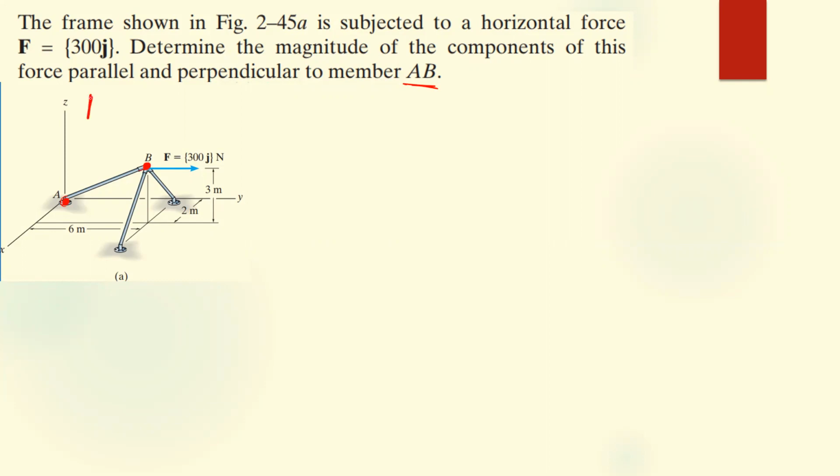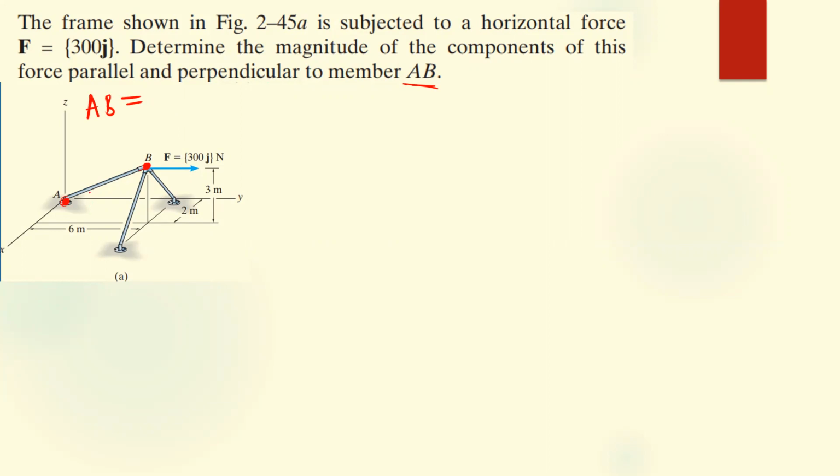So we say the vector along AB is going to be equal to the coordinates of B.